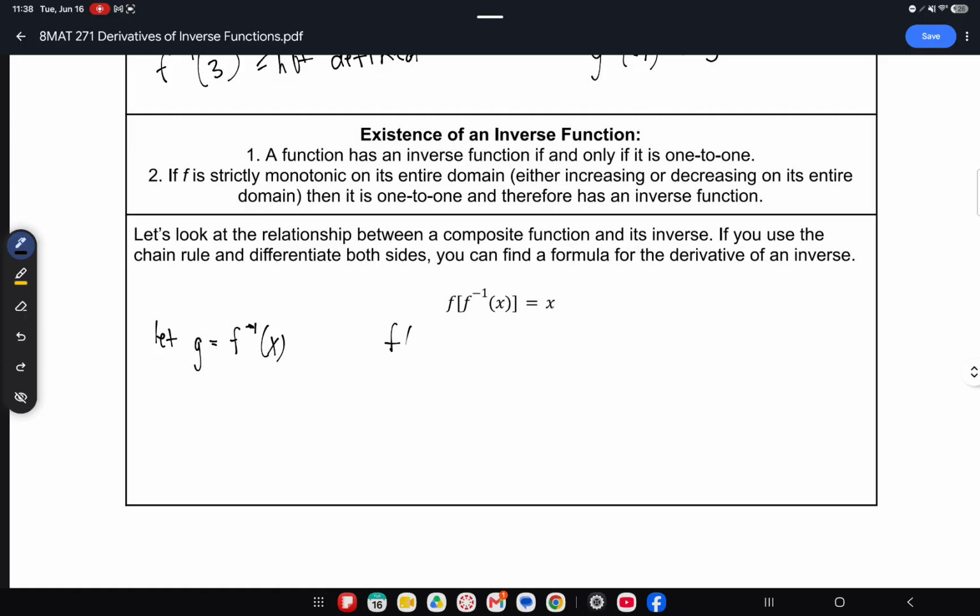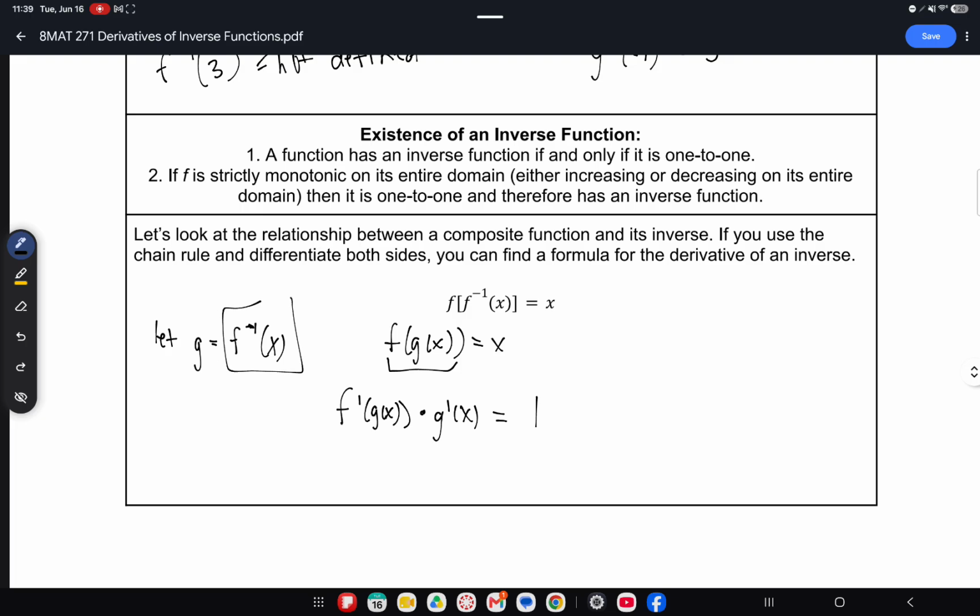So if I do a substitution, this is now f of g of x equals x, right? So if we differentiate both sides, we have to do a chain rule. So we'd have the derivative of the outside times the derivative of the inside, right? And then the derivative on the right side of the equal sign is just 1. And then we want to solve for the inside.